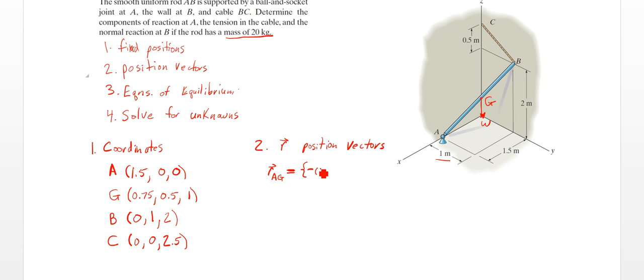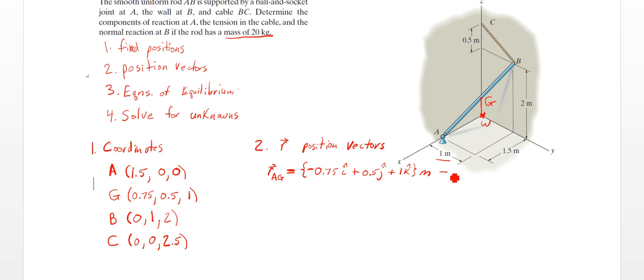So we'll have negative 0.75 in I. In Y, we're moving out away from the wall a little bit, so we'll be at plus 0.5 J. Then finally we'll have moving up 1K, units of meters.